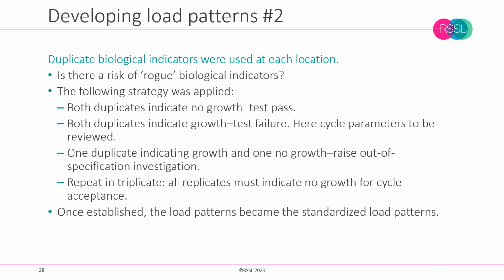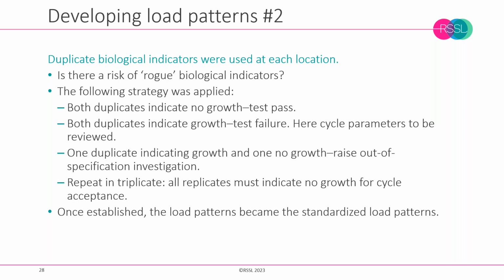There can be advantages to still going down the duplicate or triplicate route in the event of a single failure. There are mathematical calculations that can be done to show you're still getting log reduction efficiency, but equally there is a growing trend amongst some regulators that really the rogue phenomenon isn't really something that exists, and there's a bit of a debate there.